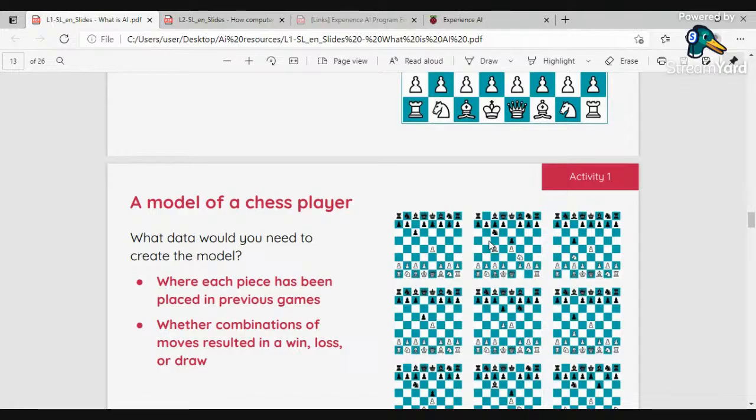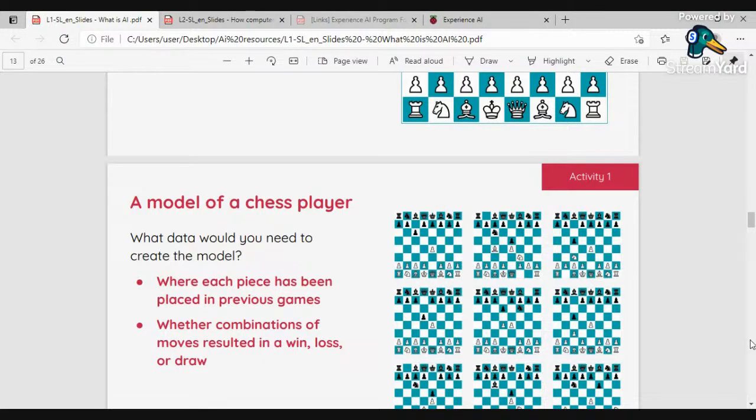You take sample games that have been played in the past and feed them to the machine, so that it can see the moves of past players, the moves that led to winning, the moves that led to loss, and the moves that led to a draw.